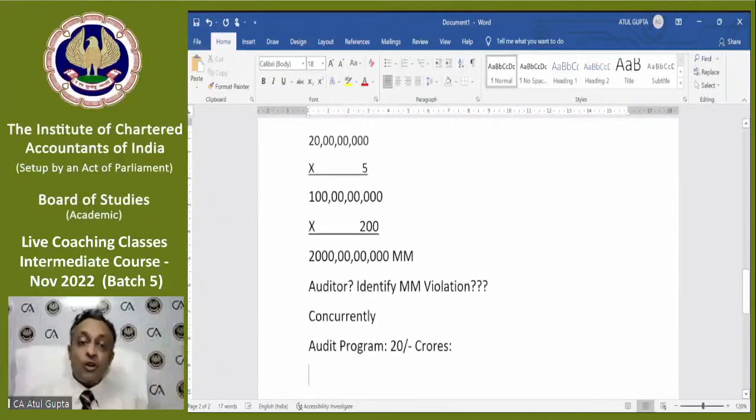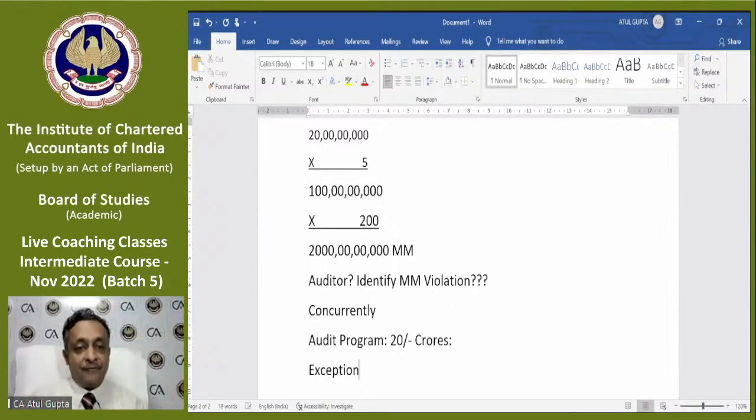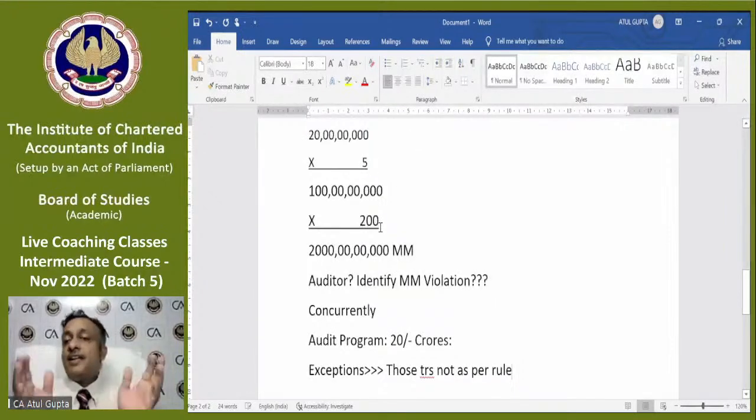And this audit program has a definition of exceptions. Exceptions means those transactions not as per rule. These exceptions are defined here, so these exceptions are recorded.